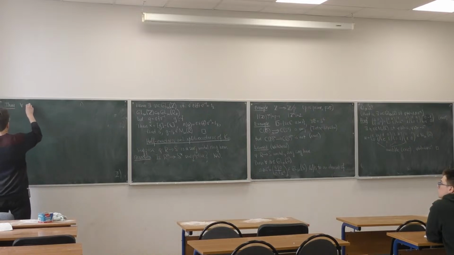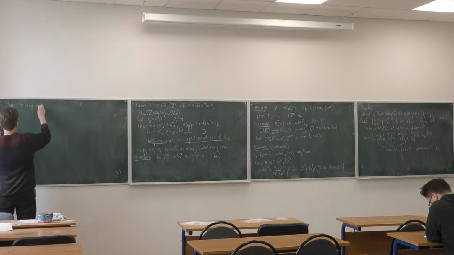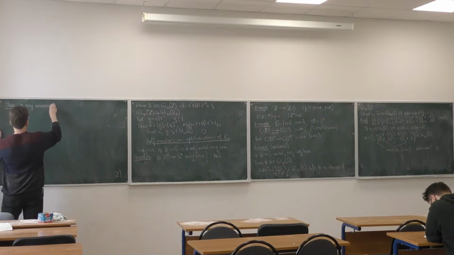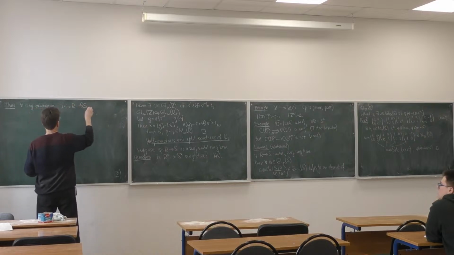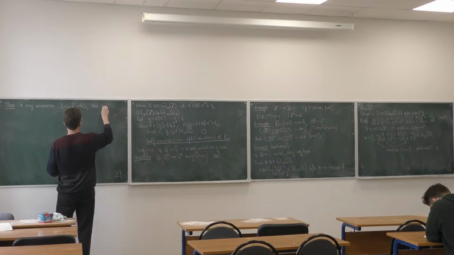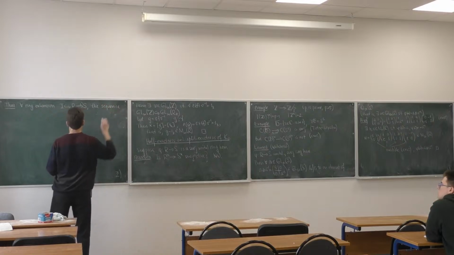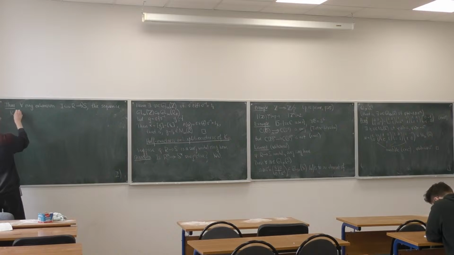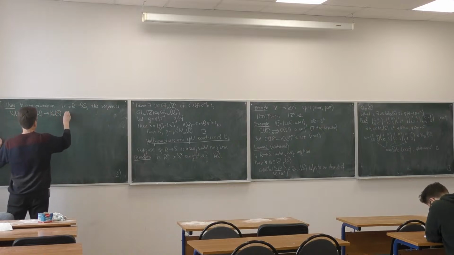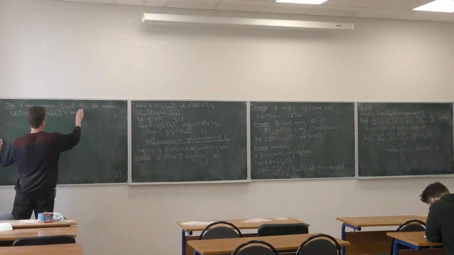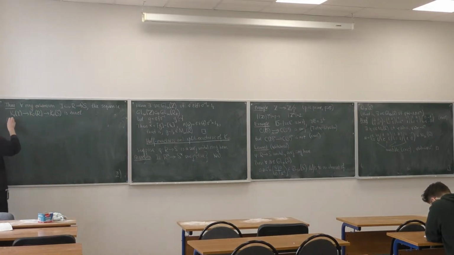For every ring extension of the following form, the respective sequence of abelian groups K0 of I, K0 of R, and K0 of S is exact. So this is the half exactness of K0.